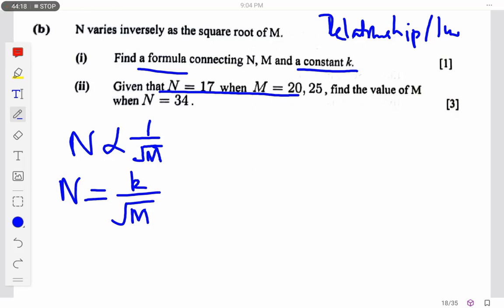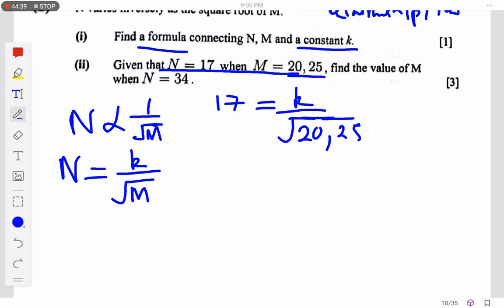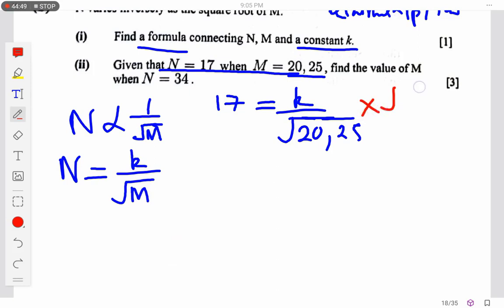So we can say n, which is 17, is equal to k over the square root of 20.25. For this one, I can find my k value by multiplying this side by the square root of 20.25 and multiplying again the other side by the square root of 20.25.